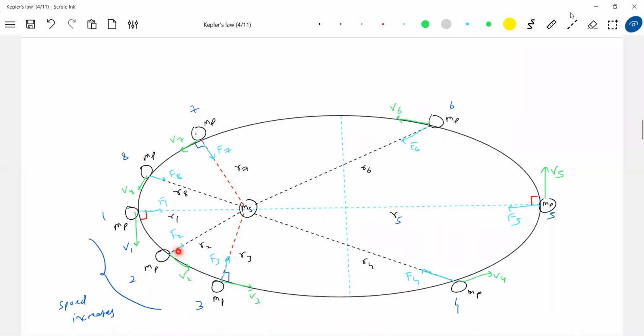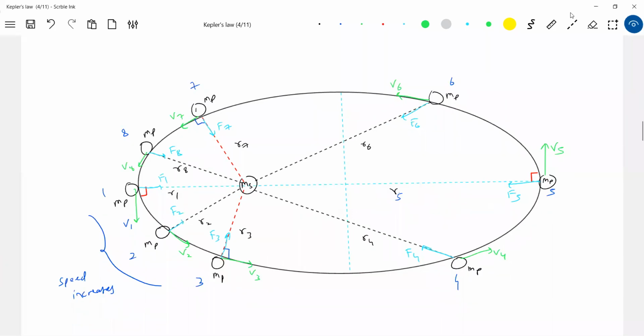A component of force will act in the direction of the motion. So therefore the speed will increase here. Very next moment, the angle between this F bar and the velocity vector will become more than 90. Look at this particular thing. Then a component of force will act opposite to the motion along the path. So what will happen to the speed of the planet as it moves from 3 to 5? The speed decreases.